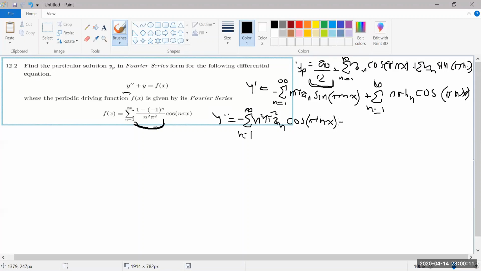Okay, and now this term is going to be negative, sum to infinity, of n squared pi squared b sub n sine pi n x. Okay, so now we have all of our derivatives, and we can start plugging in all these values.